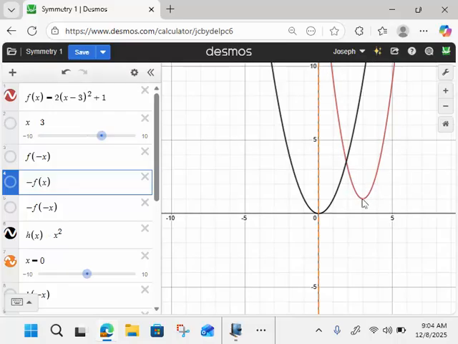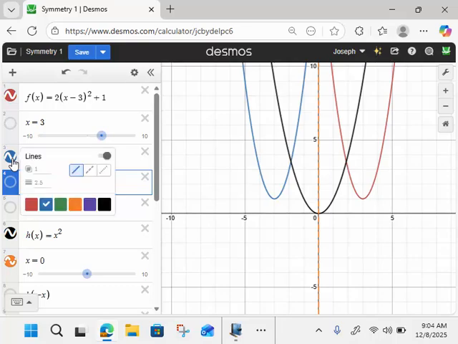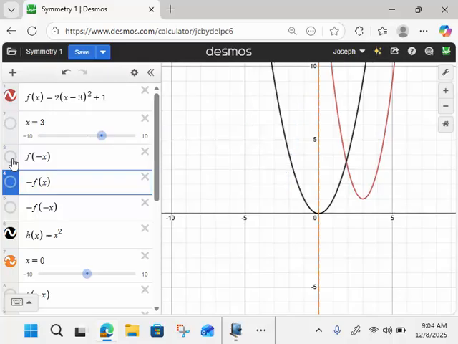You see, if I folded this red one over the y-axis, we would end up with that. That blue is not the same as the red. So although it has symmetry, it's not symmetric about the y-axis, so it's not an even function. That's an even function. That's symmetry about the y-axis.